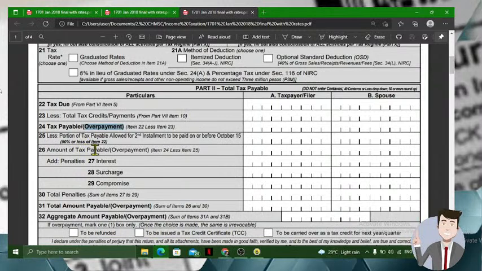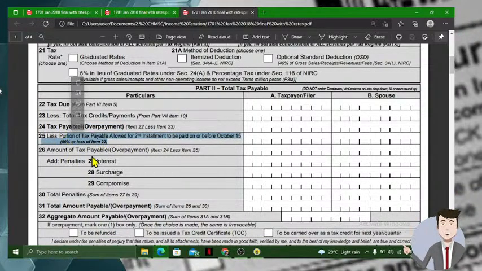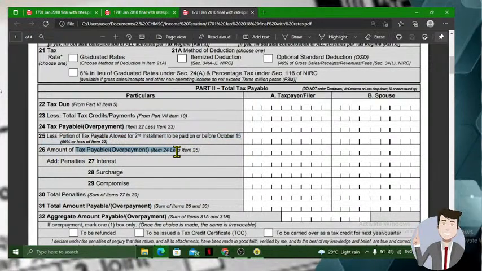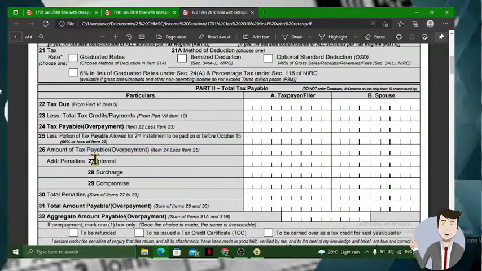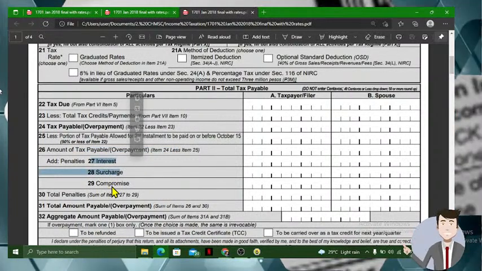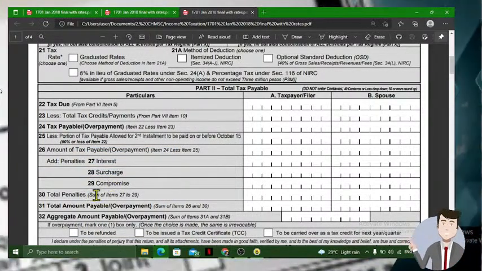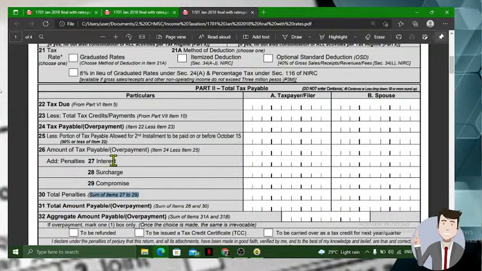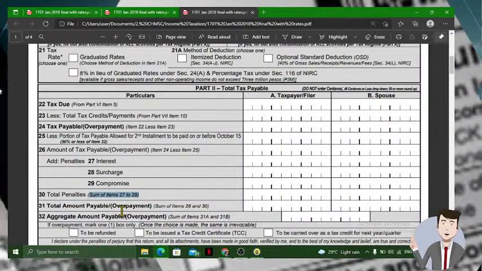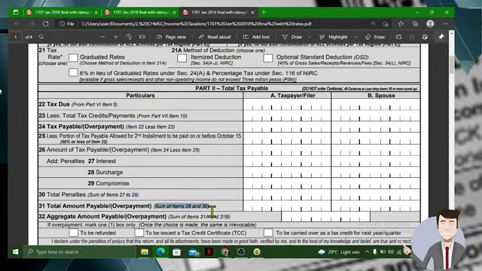Okay? The amount of tax payable, you have to add to it any penalties, surcharge, or compromise. So the total penalties, that's 27 to 29. So the total payable or overpayment in this one.